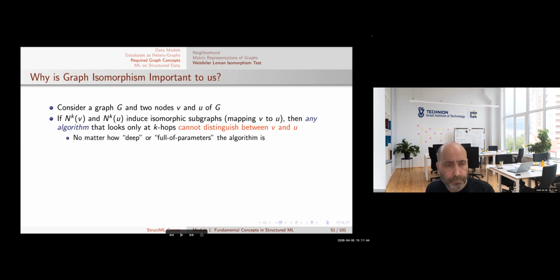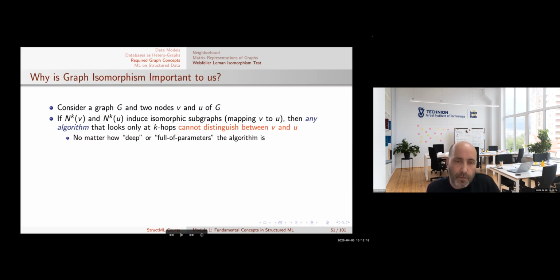And also suppose that V and U have isomorphic induced graphs by their K hops. So if the K hops of V and U induce isomorphic graphs, and there's an isomorphism mapping V to U, then basically the algorithm cannot distinguish between V and U, and it must say the same thing about V and U, no matter how parameterized, complex, or deep the algorithm is.